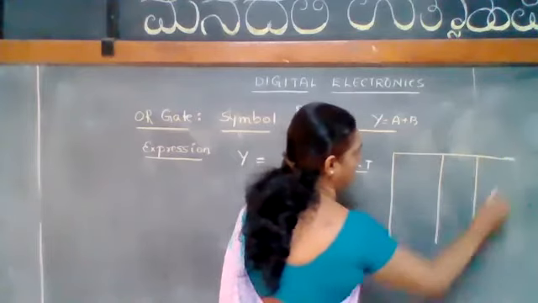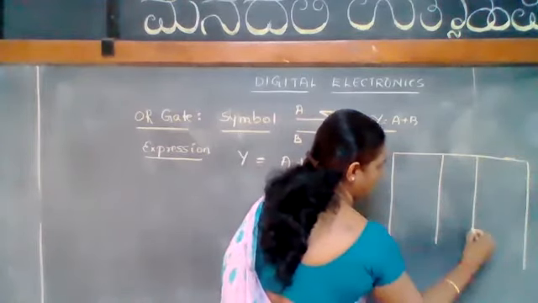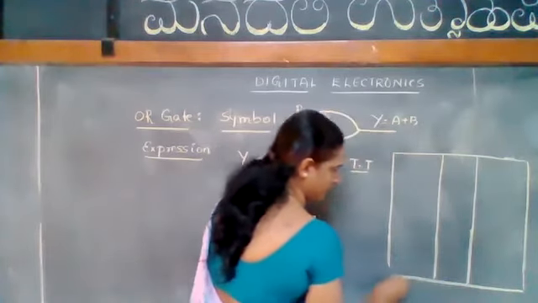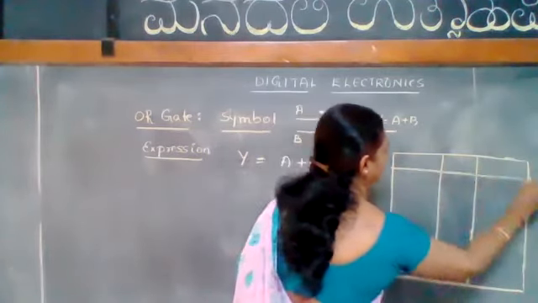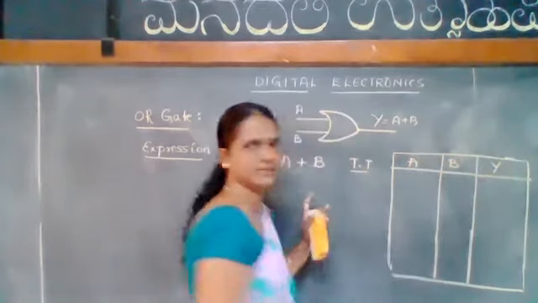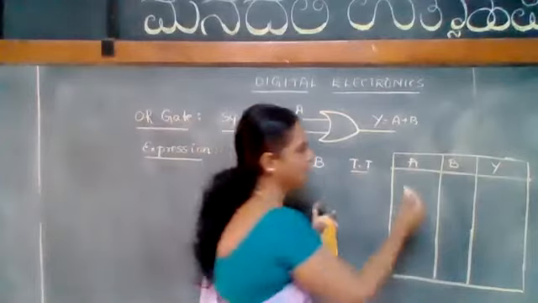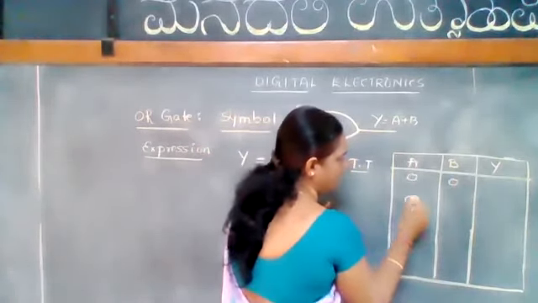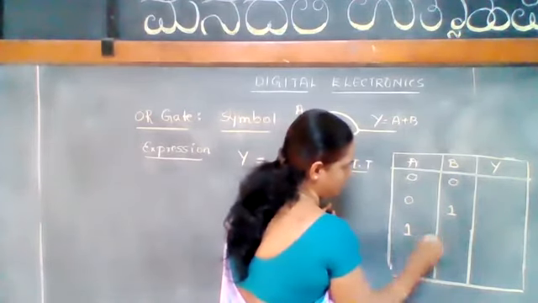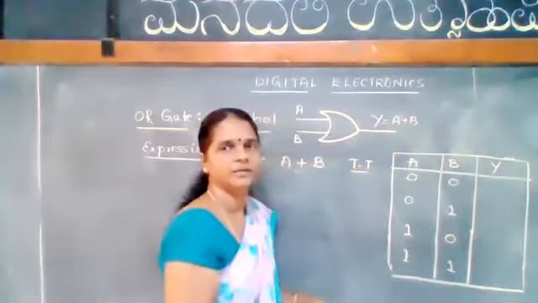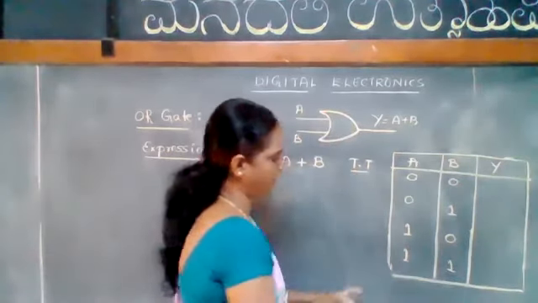A, B, and Y. Possible combinations: 0 and 0, 0 and 1, 1 and 0, and 1 and 1. So the output, how to write the output?